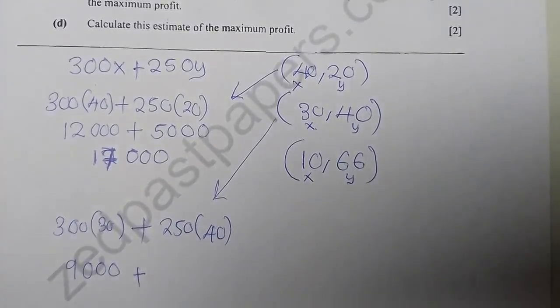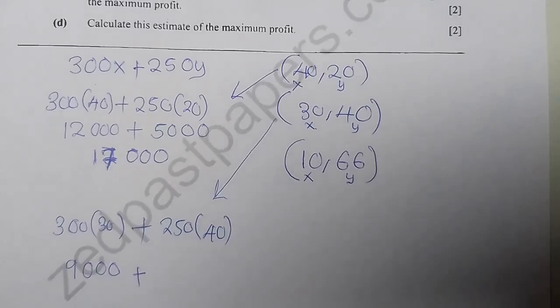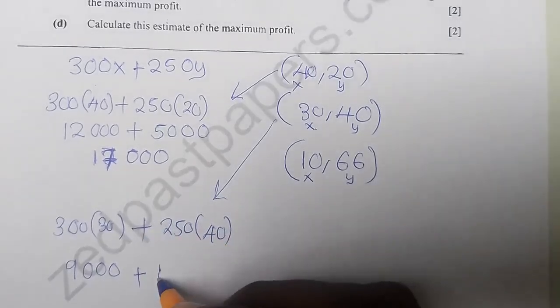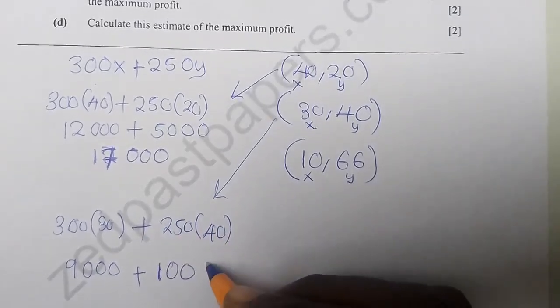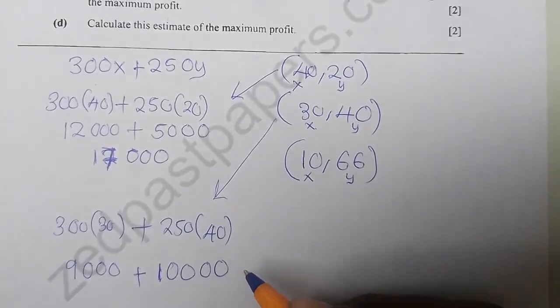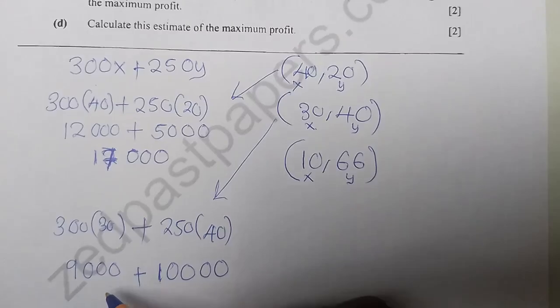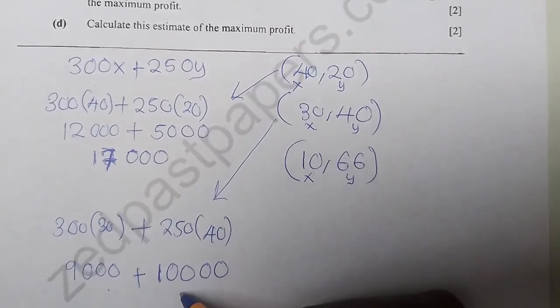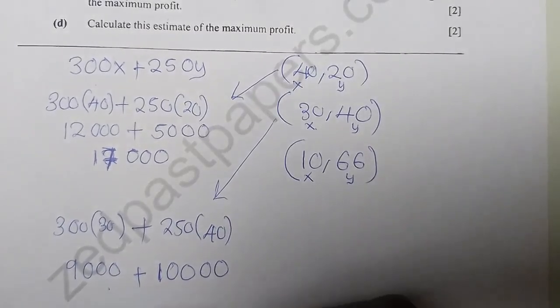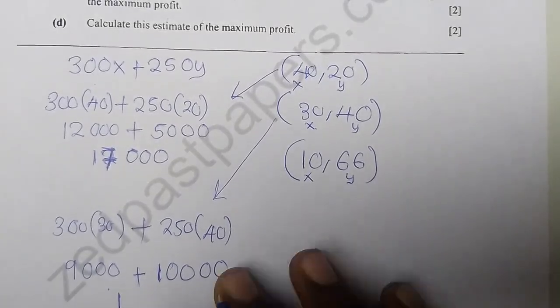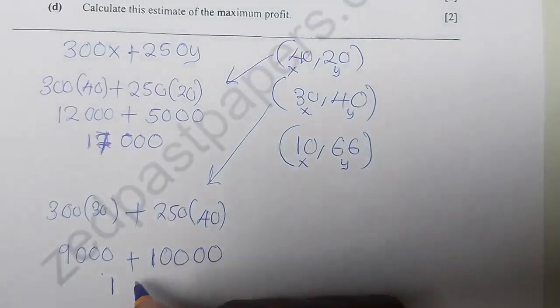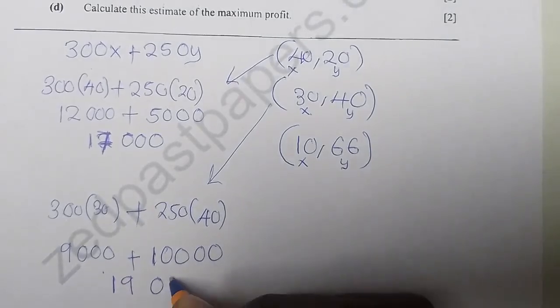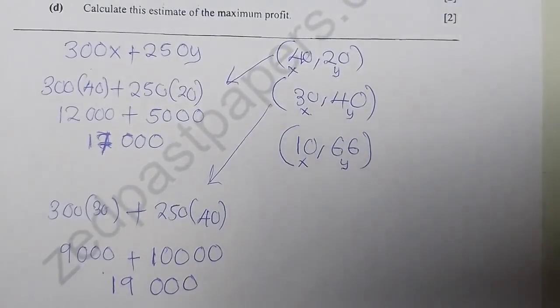What are you getting? 10,000. So 10,000 plus 9,000, what are you getting? 19,000. So you keep these answers. 19,000.